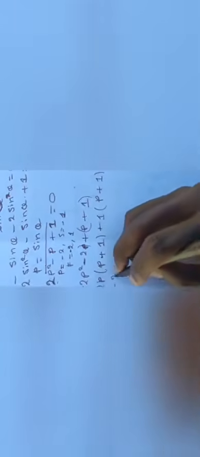Then here I'm going to remain with p, right? Then here I'll have +1. I'll just factor out +1 so that I can have p + 1. So eventually I'm going to end up with (2p + 1) times (p + 1).